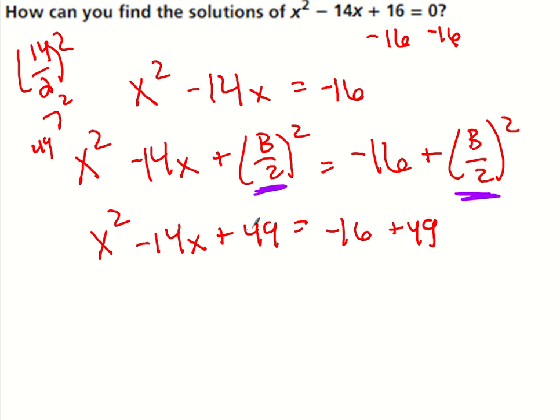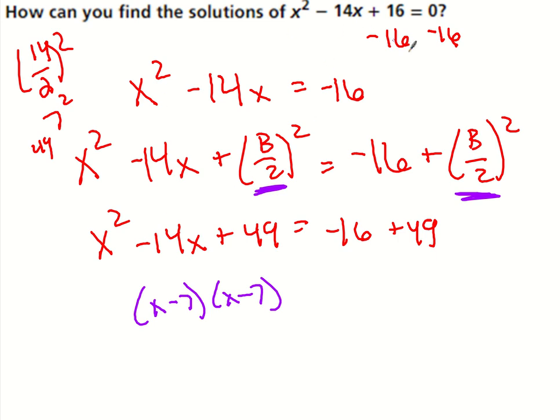Okay, so I haven't changed anything, but now this is a perfect square trinomial, because now I know that I can do x minus 7 times x minus 7, and I can factor this out. Because negative 7 times negative 7 is positive 49, and negative 7 plus negative 7 is negative 14. So it wasn't factorable in the beginning.